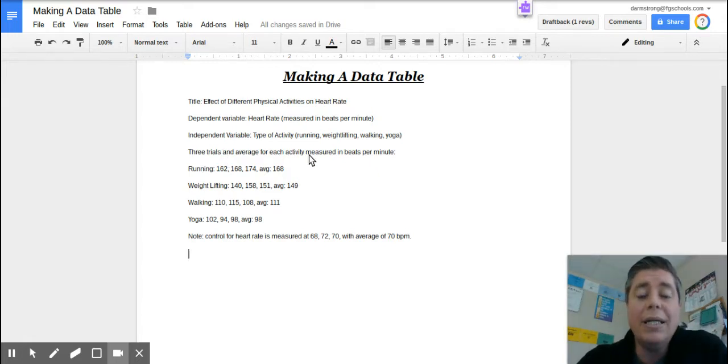So I need at least four columns there, but I also need a column for my type of activity, which is my independent variable. So that's going to make five columns. All right. So I have five columns, and I have one, two, three, four, five, six rows.